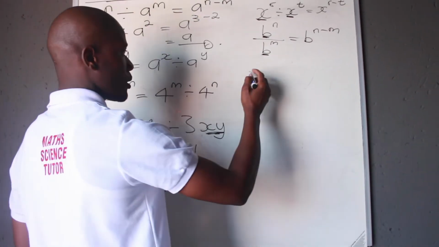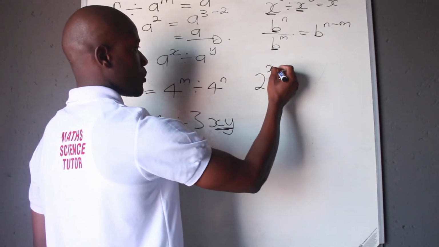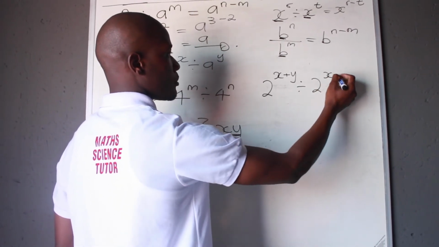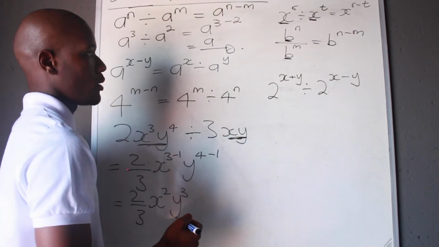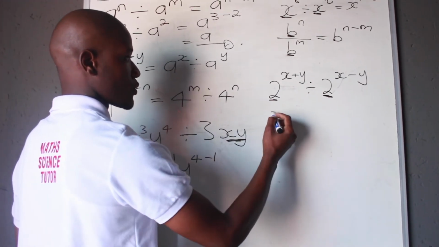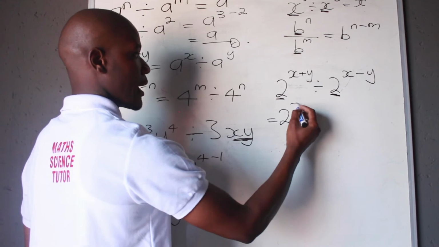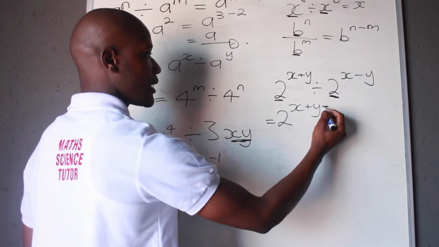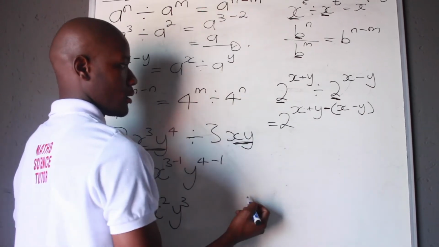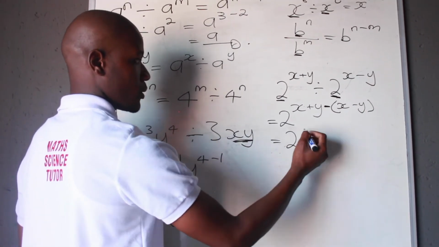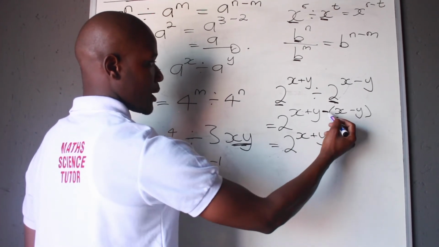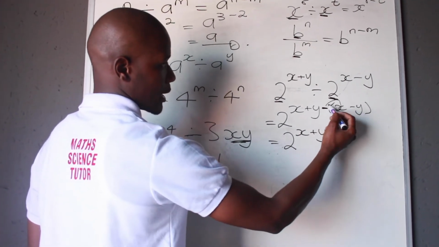So 2^(x+y) divided by 2^(x-y). Check. When we divide the same base, we subtract the exponent. So it's x plus y minus open bracket x minus y. Therefore, we remove the brackets by multiplying by the negative sign.